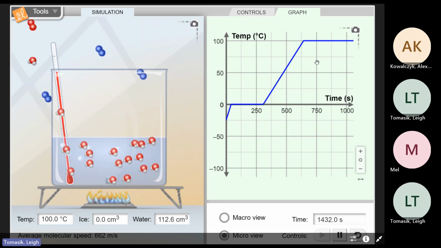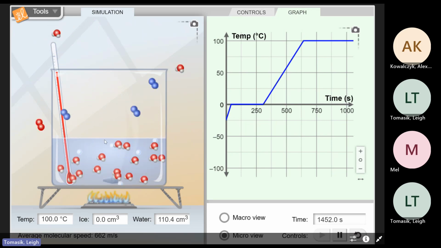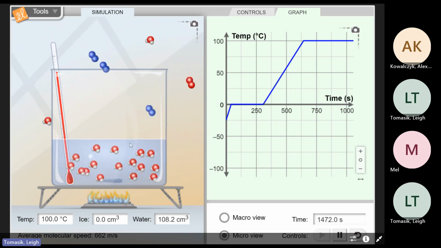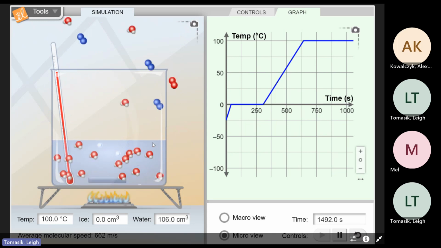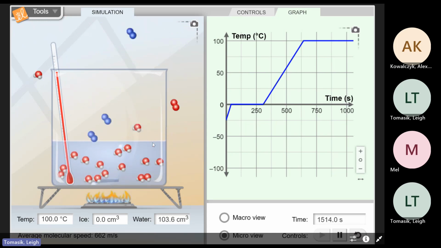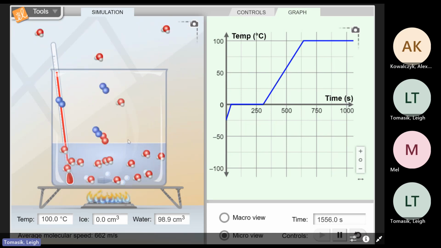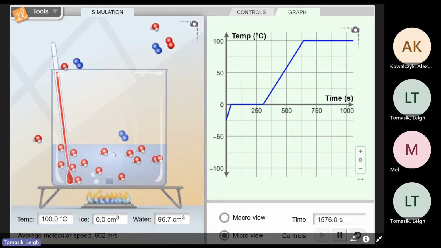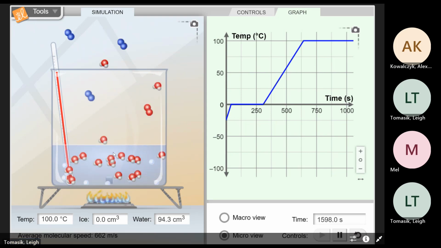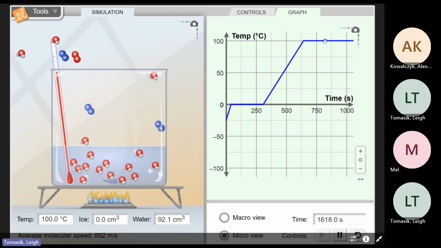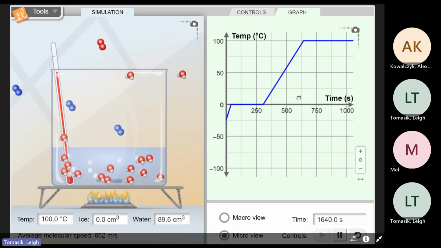So it's increasing the space between the molecules, and it's overcoming the forces that hold the molecules together. This will continue to go flat until we're out of water.